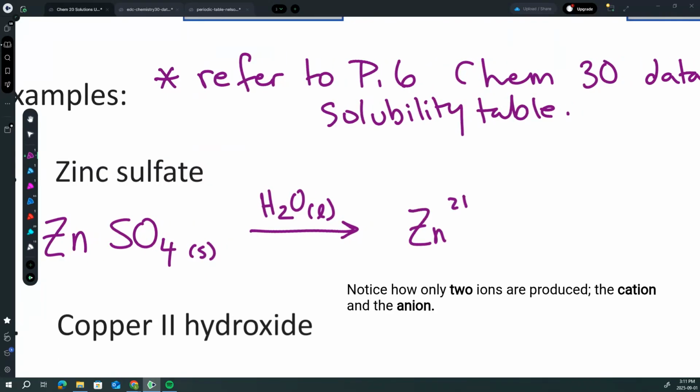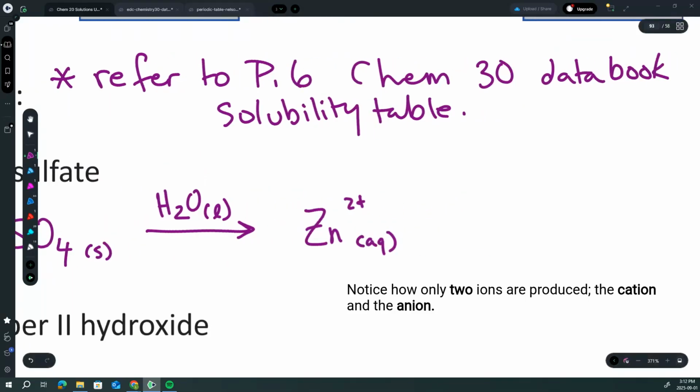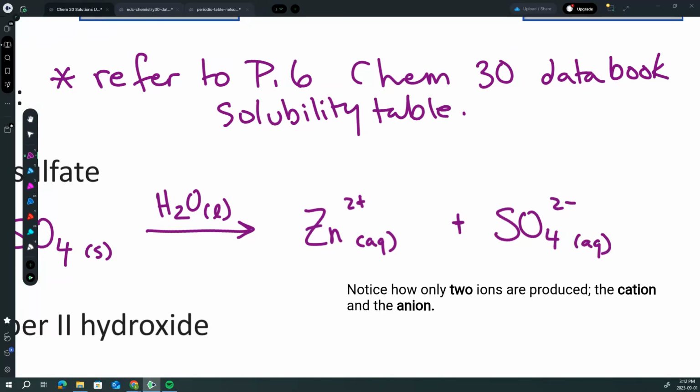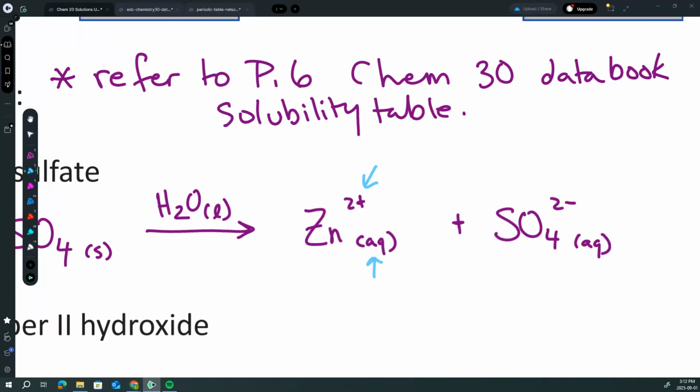So zinc 2+, and we're writing it as aqueous because ions are always aqueous, plus sulfate 2- aqueous. Super important with ions, always remember to put the charges as well as the states. Oftentimes those get forgotten about.